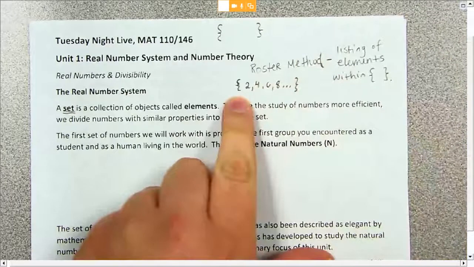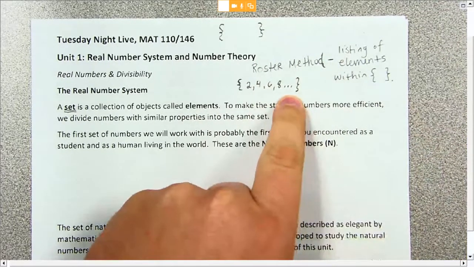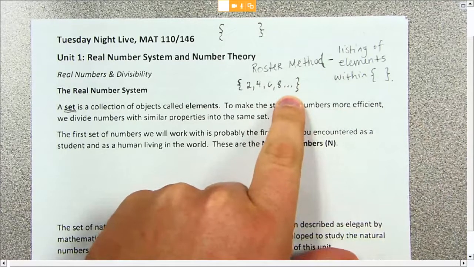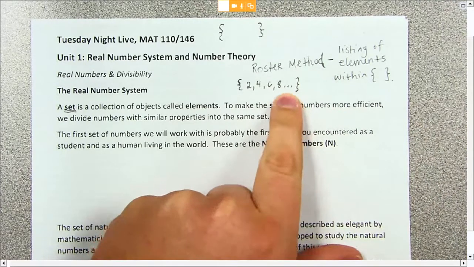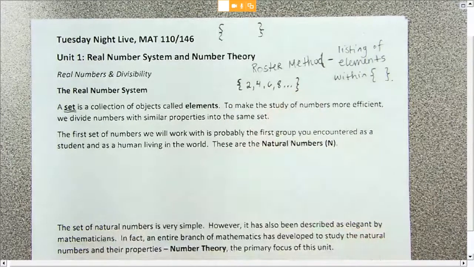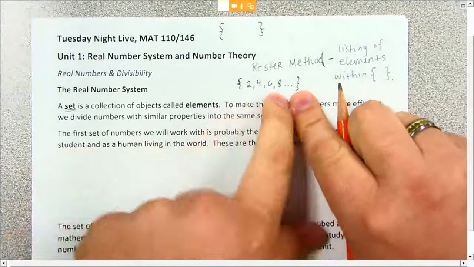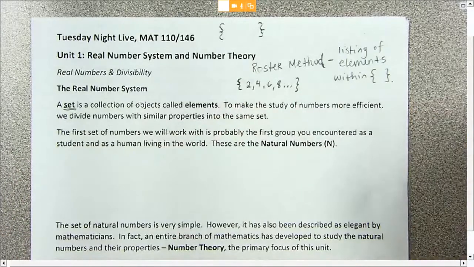So I've listed that set of even numbers using the roster method. This means that it goes on forever in the same pattern, right? So I know that the next number isn't 9, it's 10, right? Because this goes on forever in the same pattern. Okay, so in this set, 2, 4, 6, and 8 are all elements.